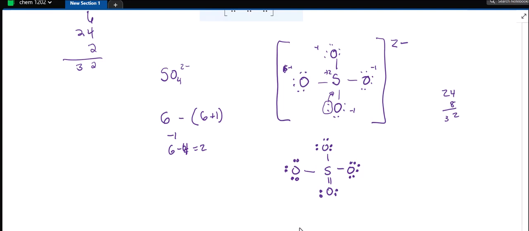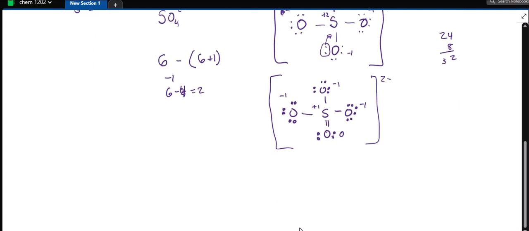But now my formal charges are -1 on each of those oxygens. This oxygen has 1, 2, 3, 4, 5, 6, so 6 minus 6, a formal charge of 0. And sulfur has a formal charge of 6 minus 5 plus 1. So that's better, a smaller number of formal charges.